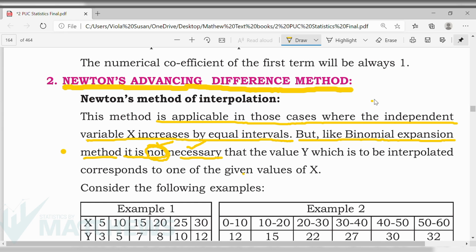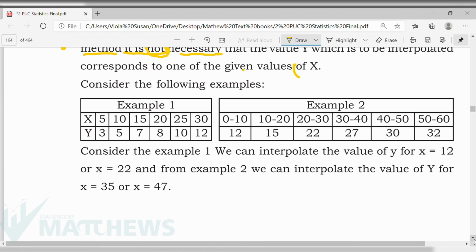So how can this be explained, students? This is what we need to understand. You can clearly see that some values are written here. See this example 1. In the binomial expansion method, if this value is not given to us, then we can find the value of y when x is 10.